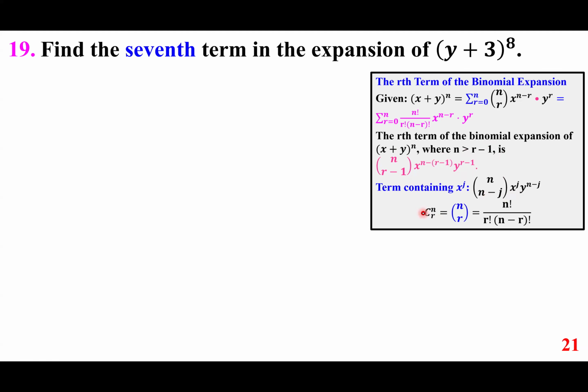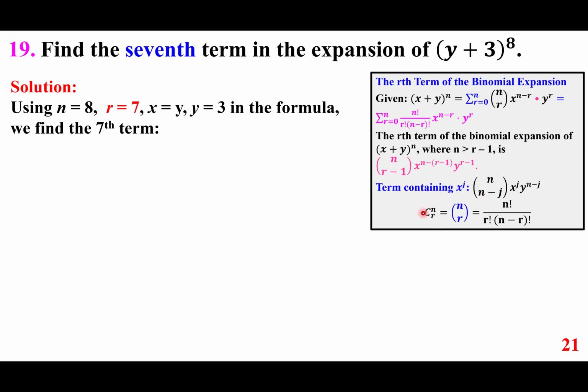Again, you can memorize that or not, but for this one, obviously n is 8, r is 7, x is y, and y is 3. x is y and y is 3 because we put x plus y here, right?